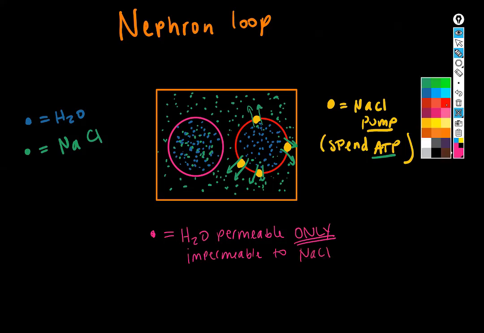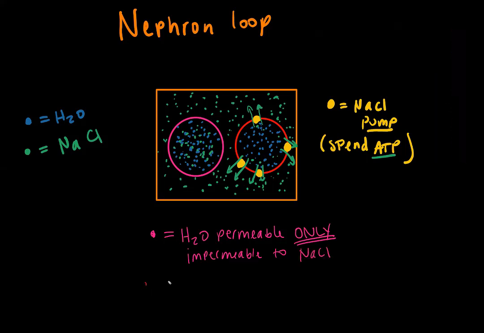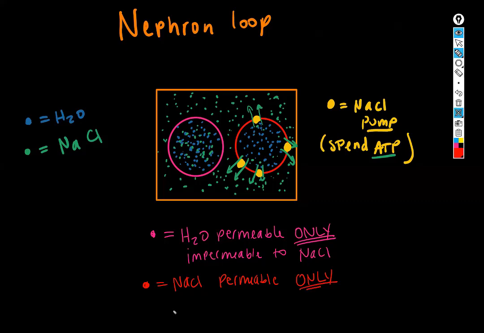And the red tube is permeable to sodium chloride due to the pump. It is impermeable to water. So that's why the water stays in. It can't get out. It can't leave with the sodium chloride. And it is permeable to sodium chloride.